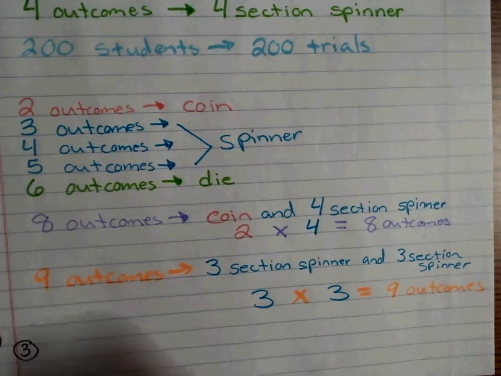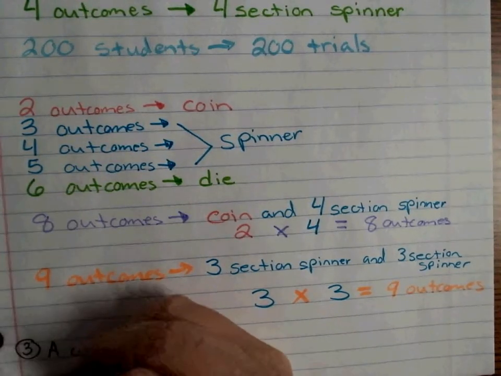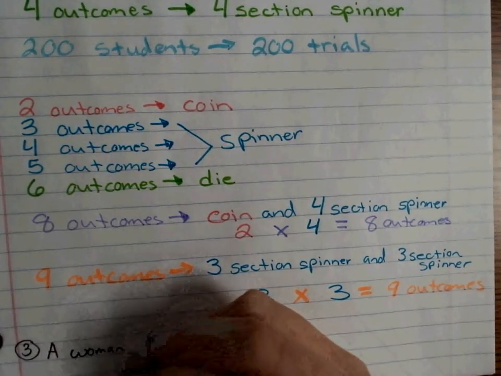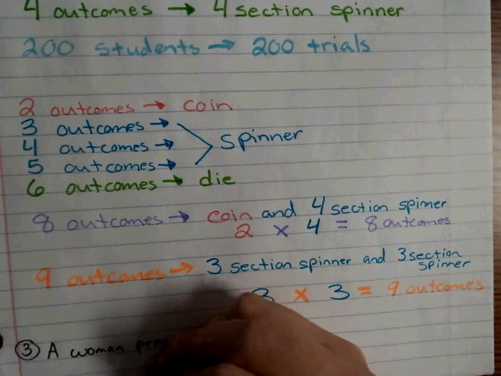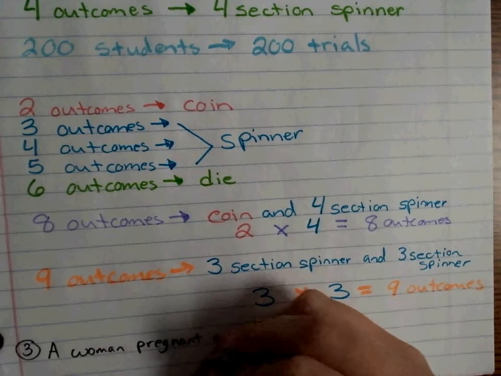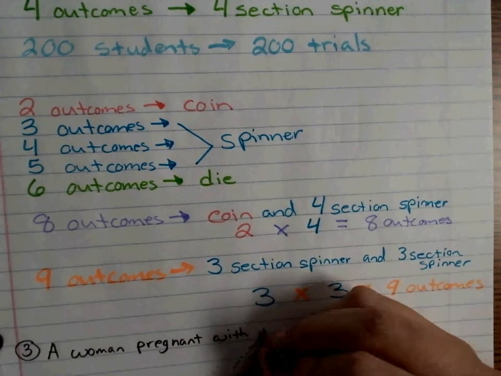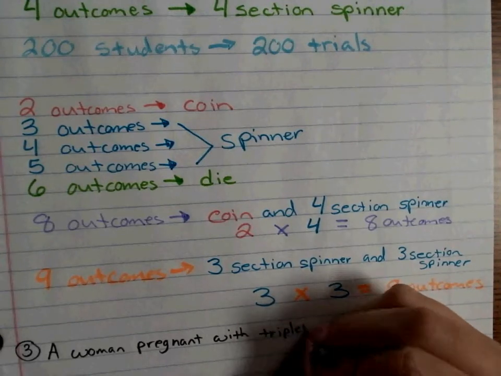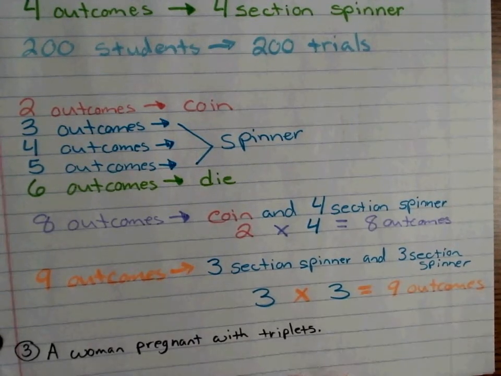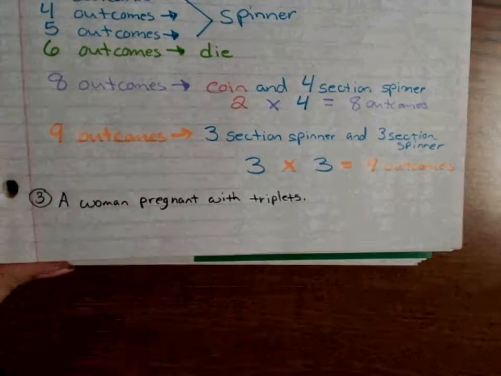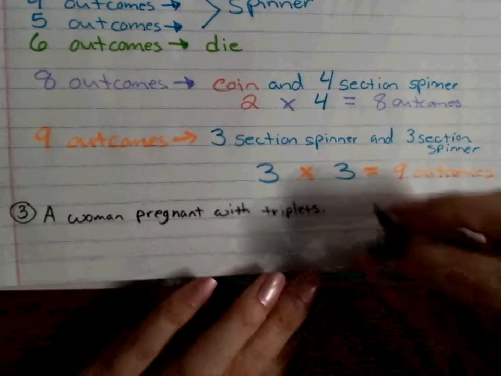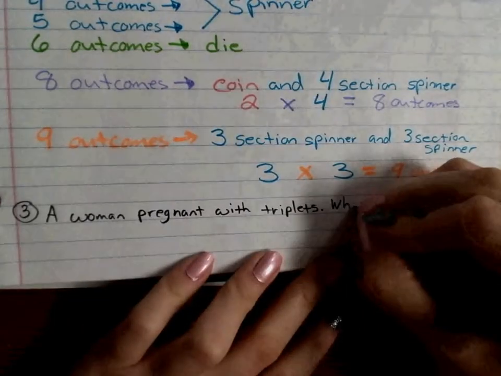Okay, I think I have enough space to make one little problem down here for you guys to try. So we have a woman that's pregnant with triplets. Got a woman who's pregnant with triplets.